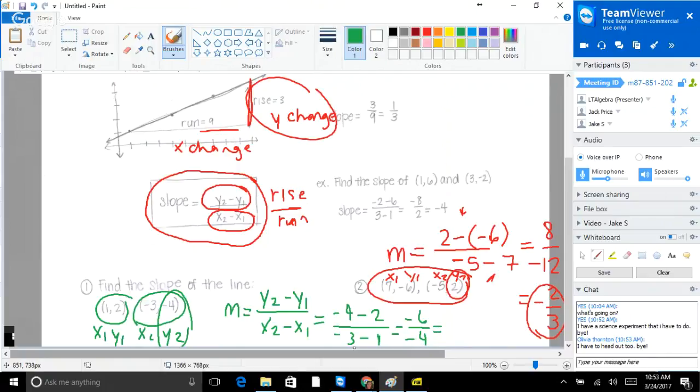And so it turns out the negative divided by the negative makes it positive, and it's a slope of 3 over 2. If you would have picked the opposite and made this one x2, y2, and x1, y1, it would have turned out the same way, because you're really just talking about the change.